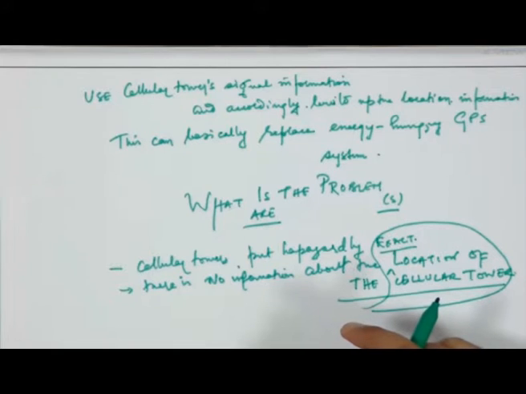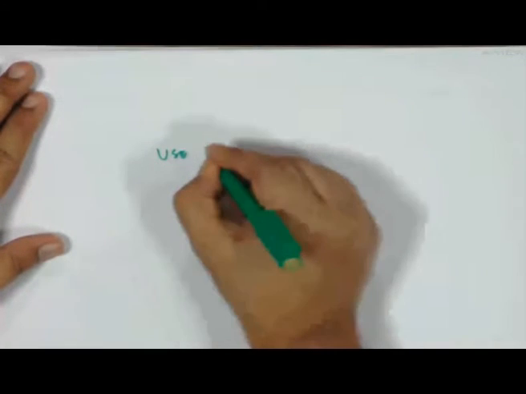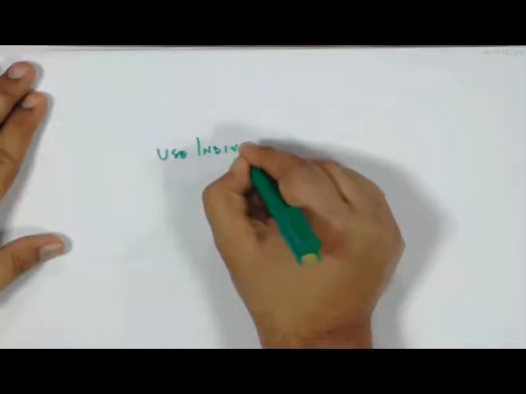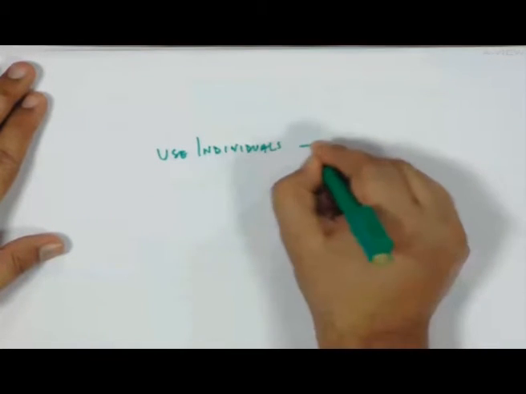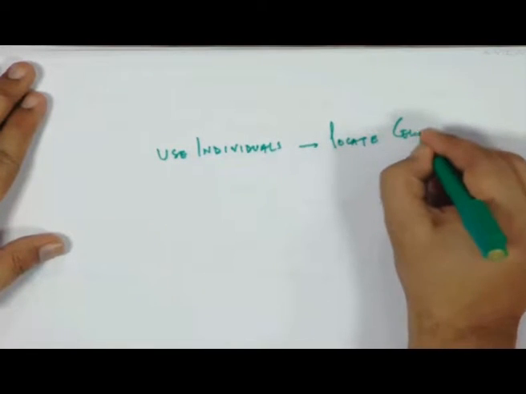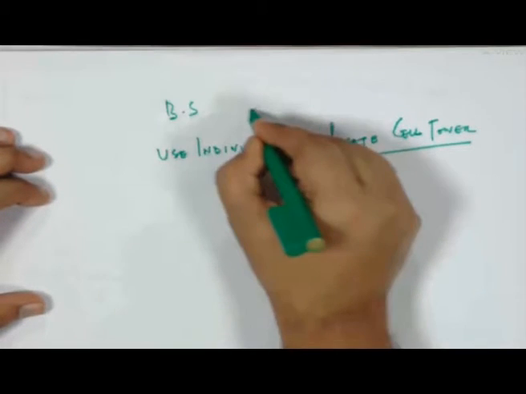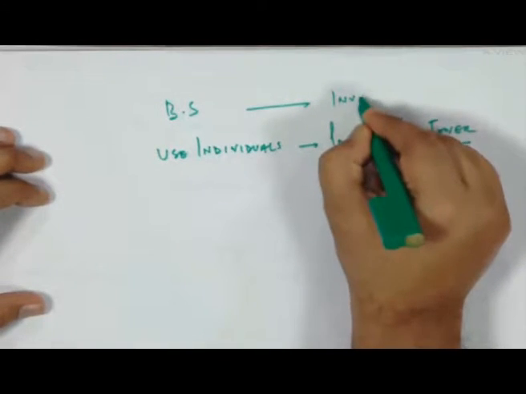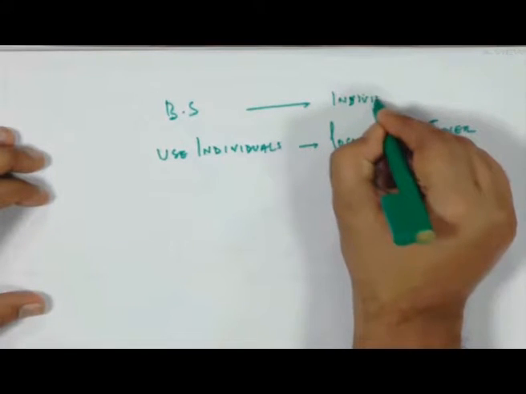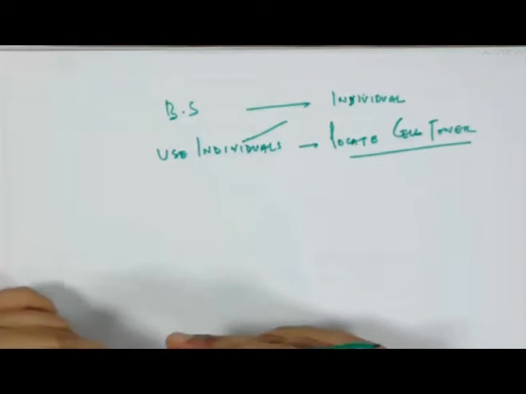Now we will use individuals to locate cell towers. So this paper is doing the opposite work. So how to do this?